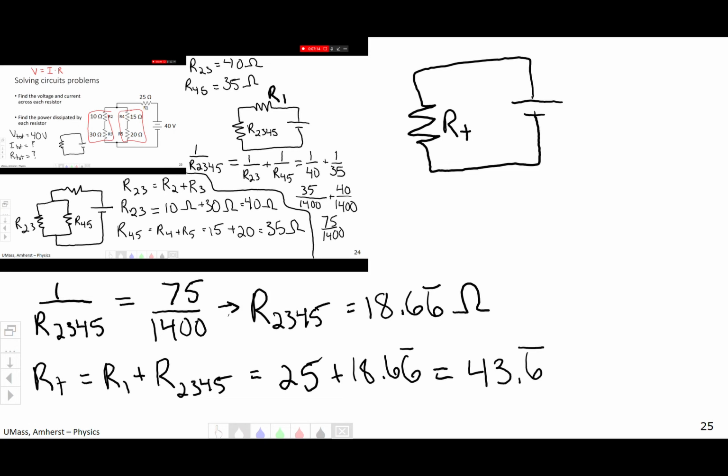43.6 repeating ohms. So that means we have a total EMF of 40 volts, and an R total of 43.6 repeating ohms. Okay, so now we can use Ohm's law.